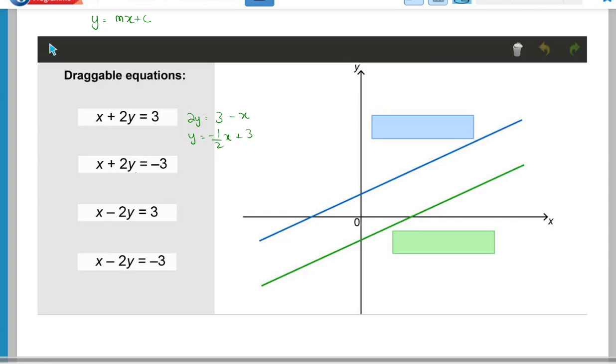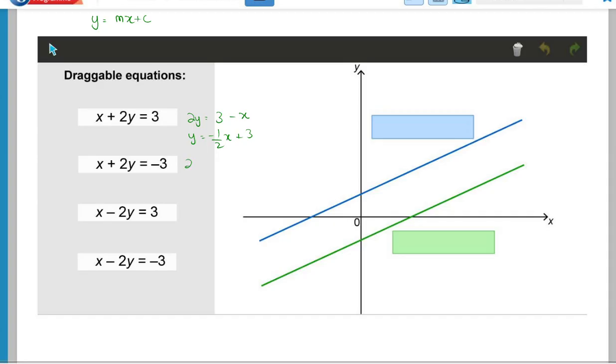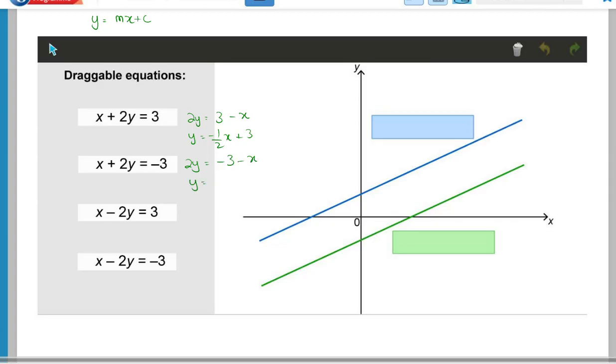And this line is going to become 2y equals negative 3 minus x and y equals negative 1 over 2x minus 3 over 2. So this is what these two lines become.